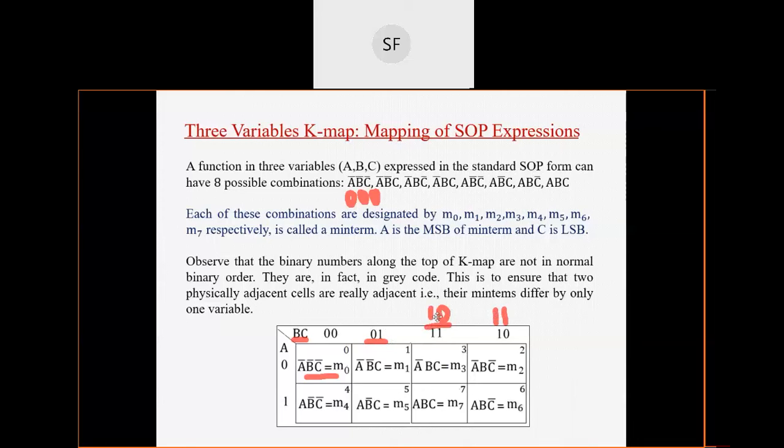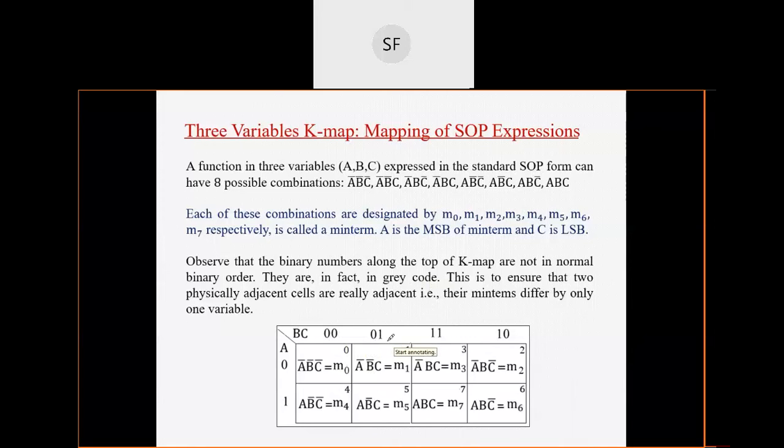The adjacent cells, these two cells, would not be adjacent to each other. So what do you need for adjacent cells? There should be a difference in only one bit, one variable. This is the property of adjacent cells. Now you can observe here, between 0 0 and 0 1, the 0 is constant and the second bit is changing.